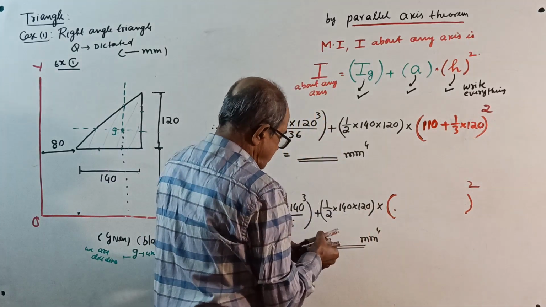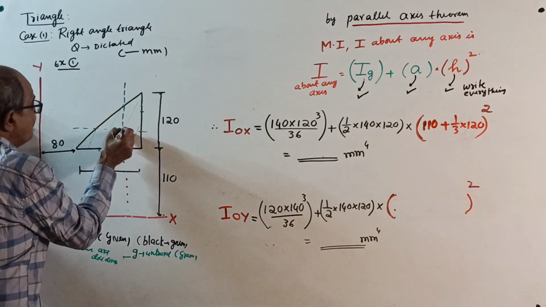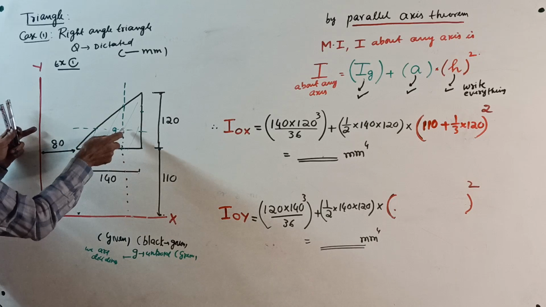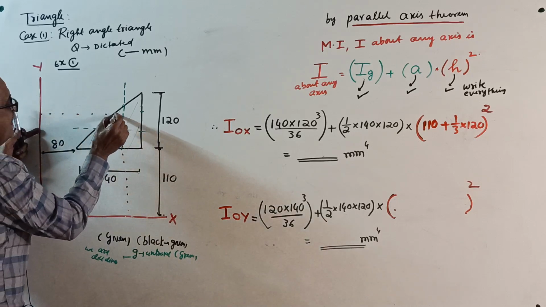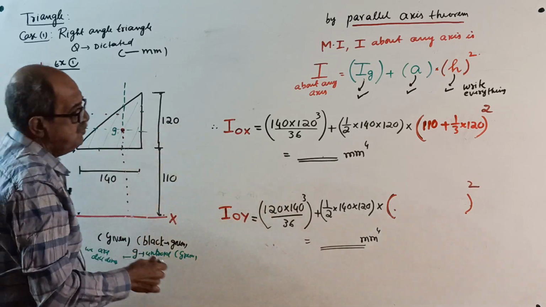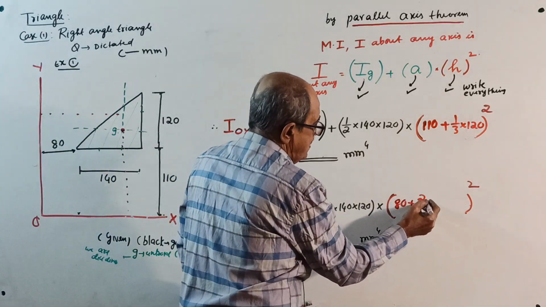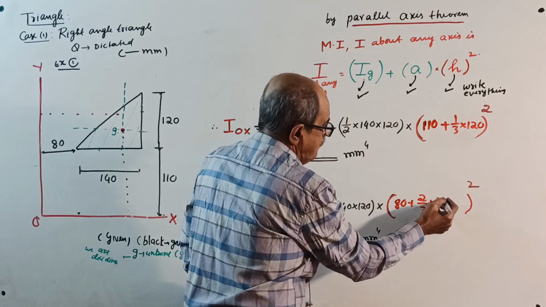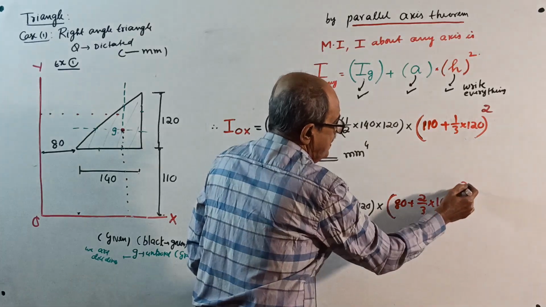Observation problem, not a technical mistake. Into, from centroid of the component to the axis, this distance is 80 plus 2/3 of 140, that is to be squared. This is I about Y.